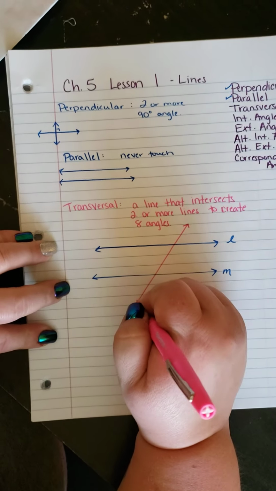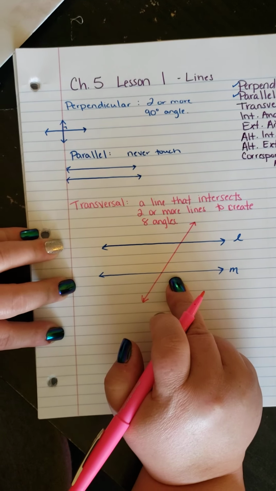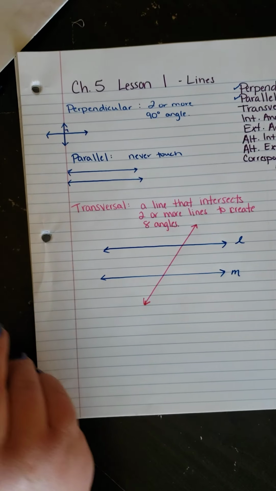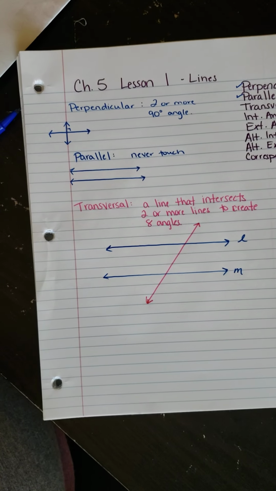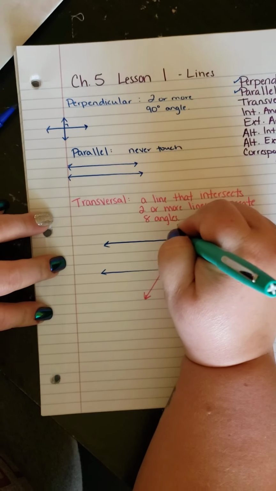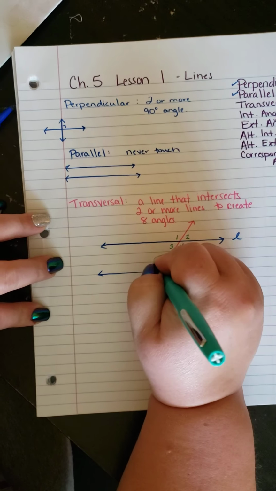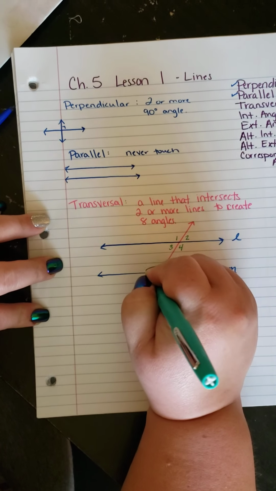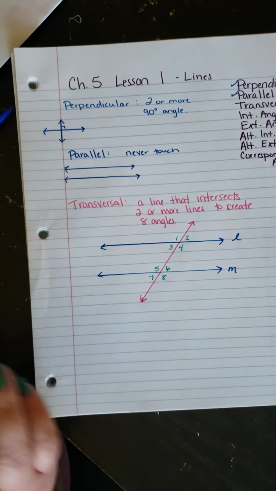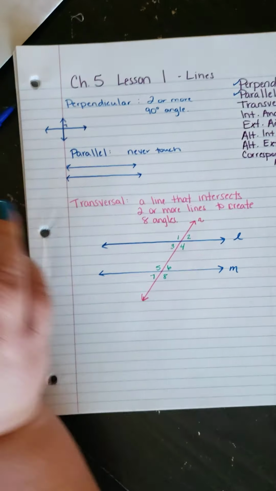It intersects and cuts those other two lines. Okay, now all of a sudden, I have 8 angles that have formed. My 8 angles are here: 1, 2, 3, 4, 5, 6, 7, 8. Oh, and I forgot to label N.